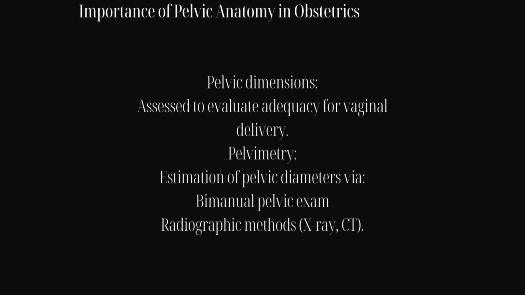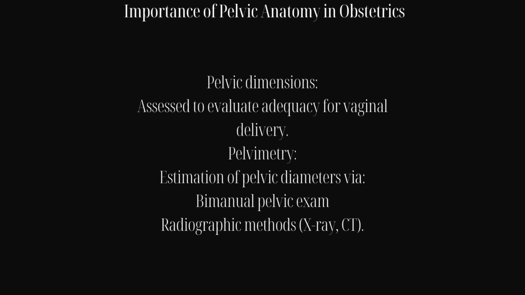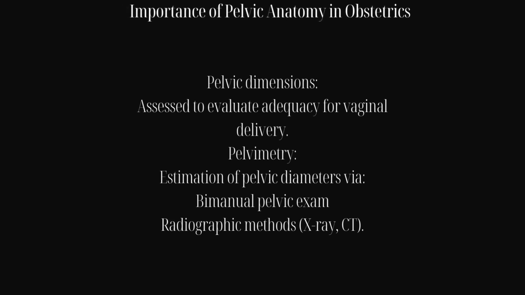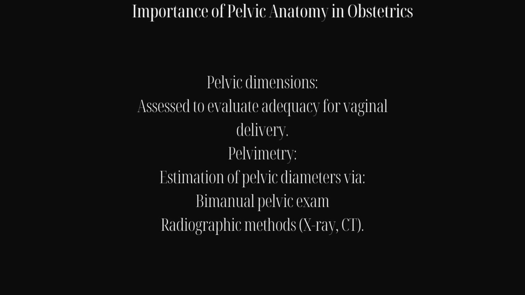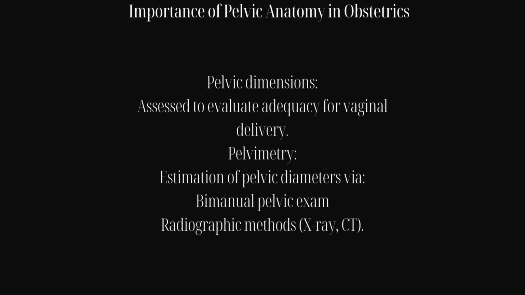Understanding pelvic anatomy is crucial in obstetrics because the size and shape of the pelvis determine its capacity for vaginal delivery. This is evaluated through a process which is called pelvimetry, where the diameters of the pelvic outlet, pelvic inlet, and the mid-pelvis are measured.